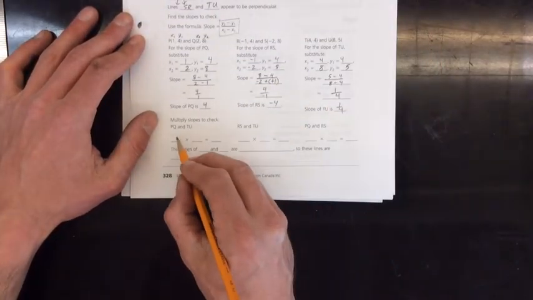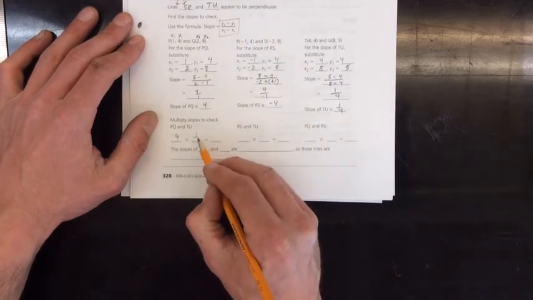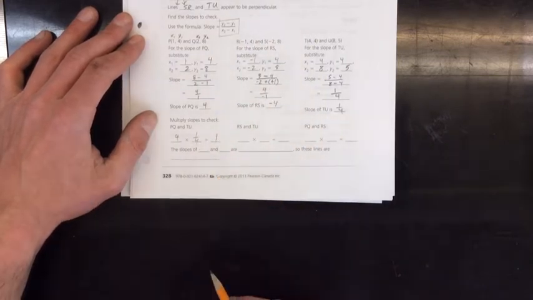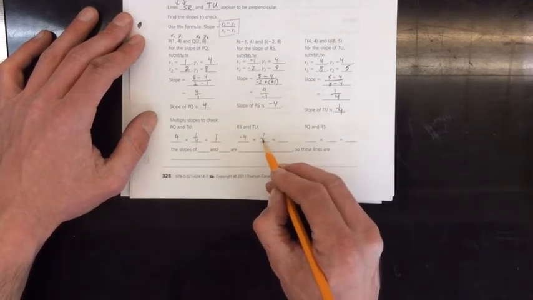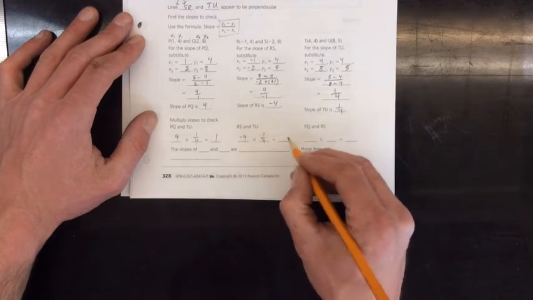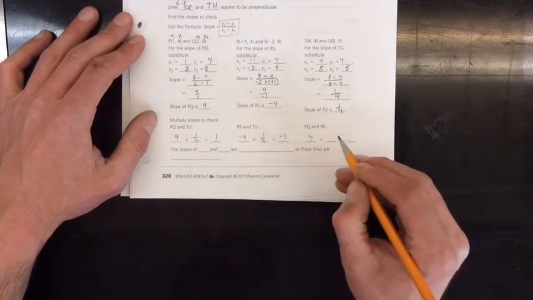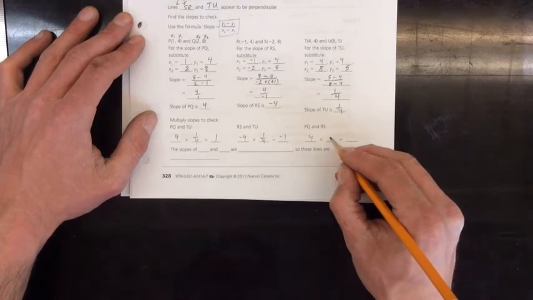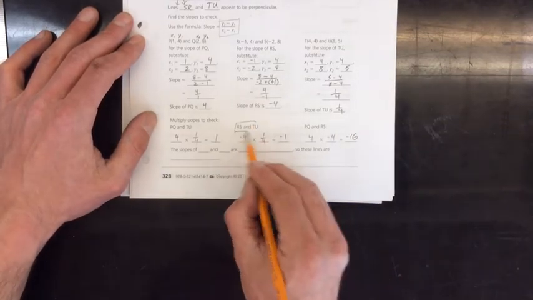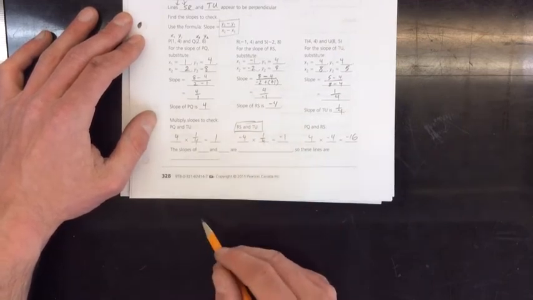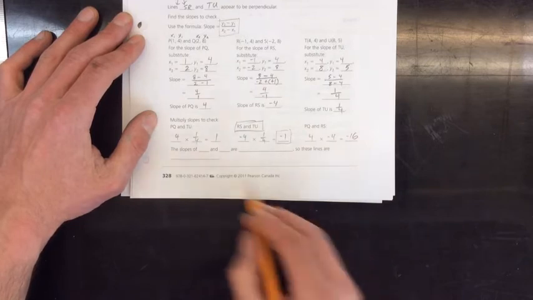So PQ is 4, and TU is 1/4. This equals positive 1. RS is negative 4, TU is 1/4, so this is negative 1. And PQ, which is 4, and RS, which is negative 4, this would be negative 16. So these two are the ones that are perpendicular because their slopes multiplied give me negative 1.